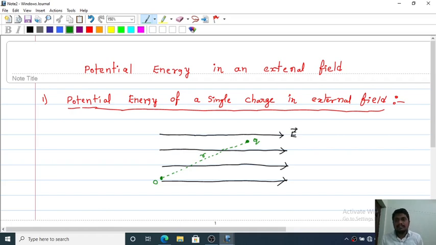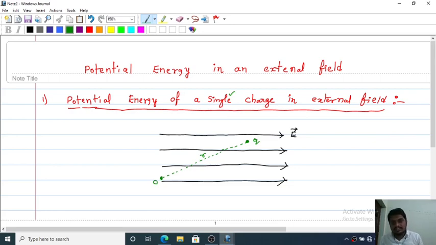Okay, so here we will discuss three subtopics: potential energy of a single charge in an external field, potential energy of two charges in an external field, and also potential energy of a dipole in an external field. We will find the potential energy of these three systems.